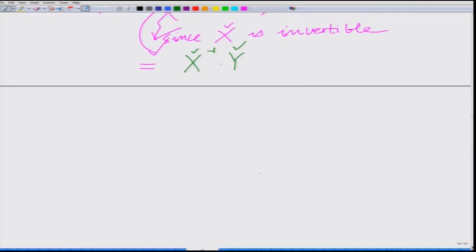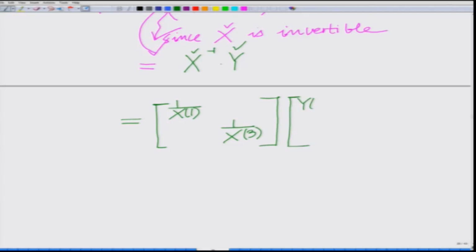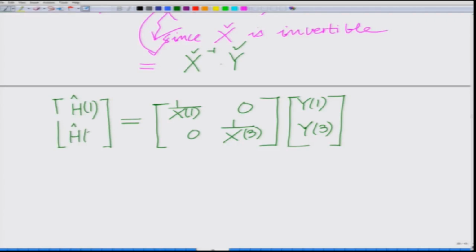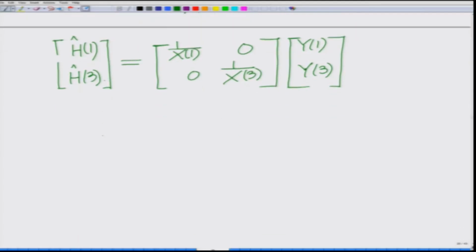Since X check inverse is diagonal, the inverse of X check is simply the inverse of the diagonal elements, that is 1 over X1, 1 over X3, times Y1, Y3, and this is basically your estimate of the channel coefficients.